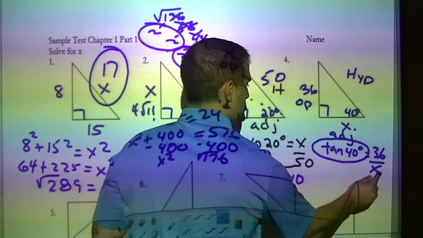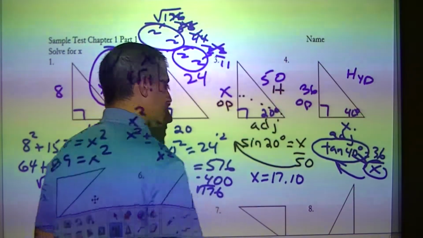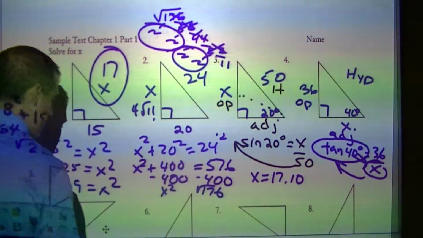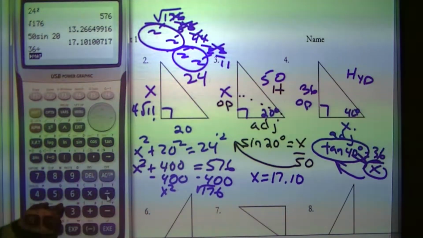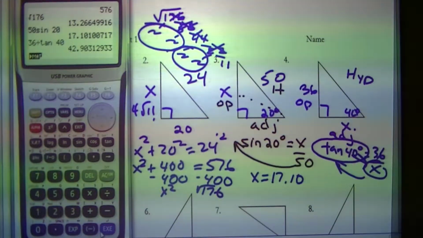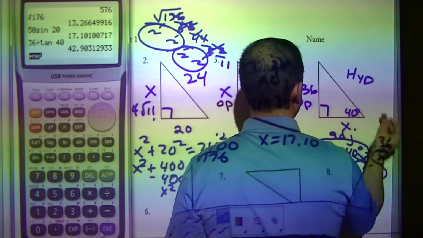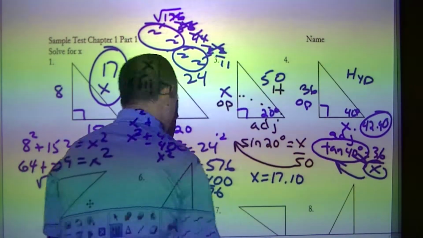When the x is in the denominator, I literally switch places there. So I've got 36 divided by the tan of 40, and I got 42.9, or 42.990. Okay, and there's my answer for that.